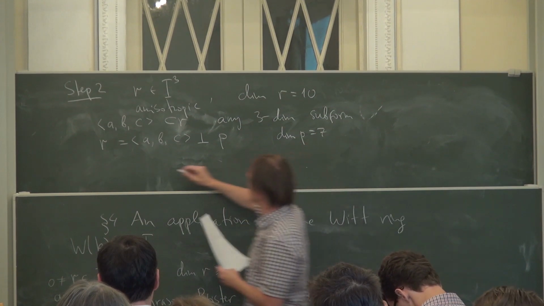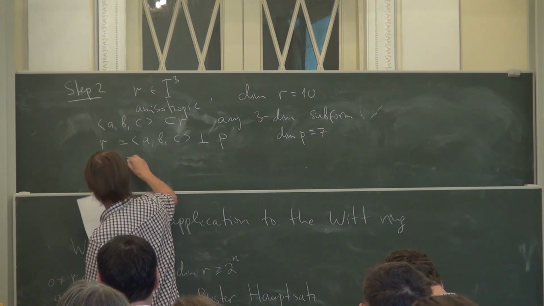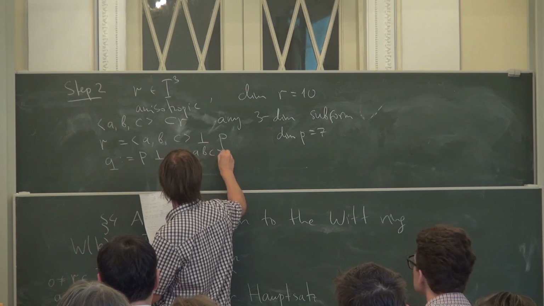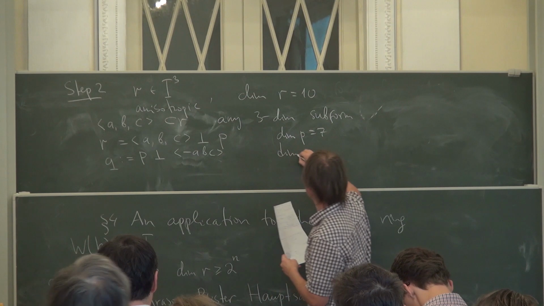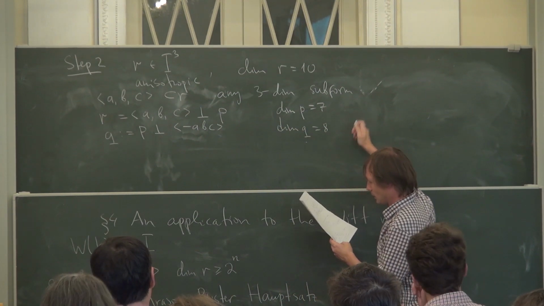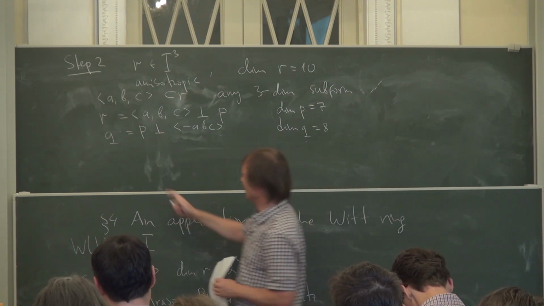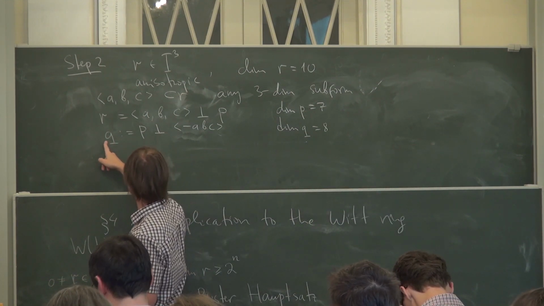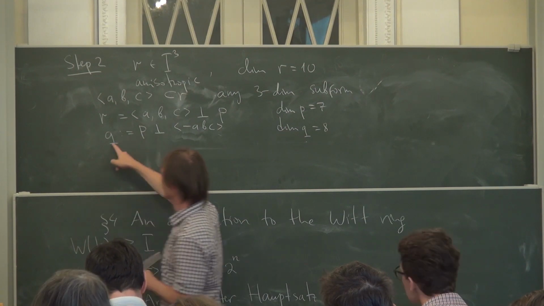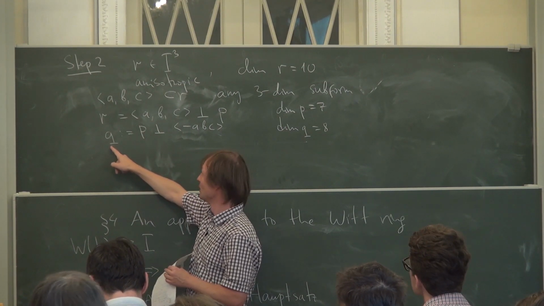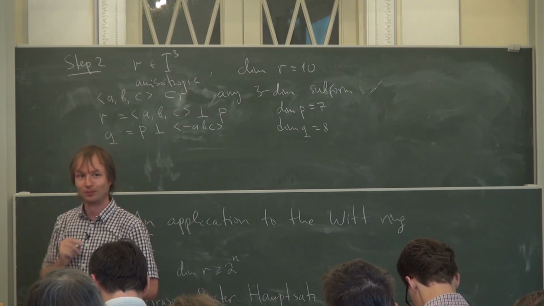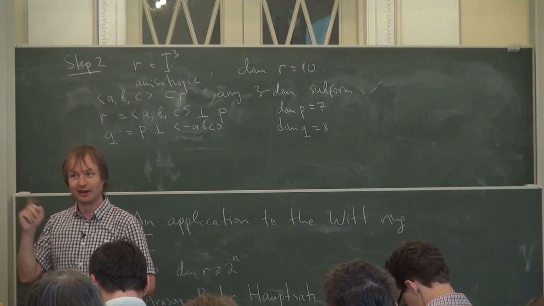And then we can define Q as P plus minus ABC. So then it will be an 8-dimensional quadratic form. And the claim is that this form Q, first of all, you see P is a codimension 1 subform of Q, but the claim is that the splitting pattern of Q is exactly 2, 2. So we can apply step 1.